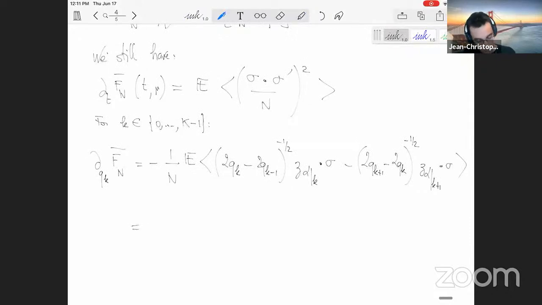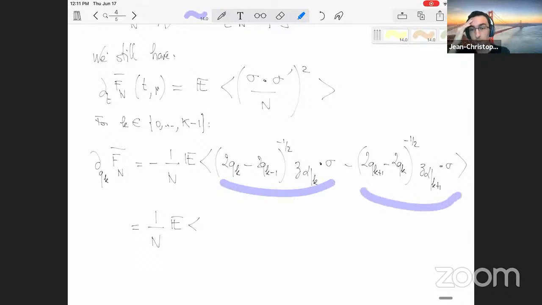Okay, so maybe I'm going to write the result of this calculation. In our formula for Gaussian integration by parts, remember, it was reading like C of sigma sigma minus C of sigma sigma prime. And here the C of sigma sigma that comes out from this term will be just the norm of sigma squared, and it will just compensate the one that will come from here.